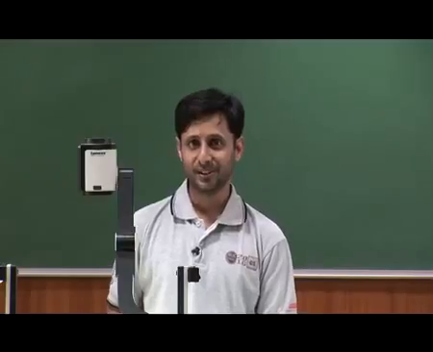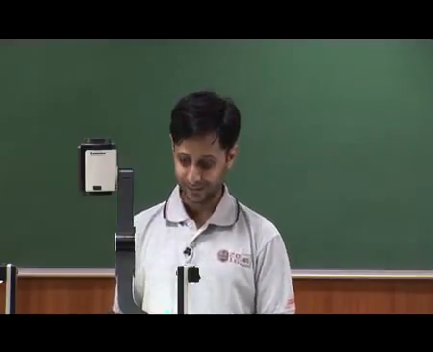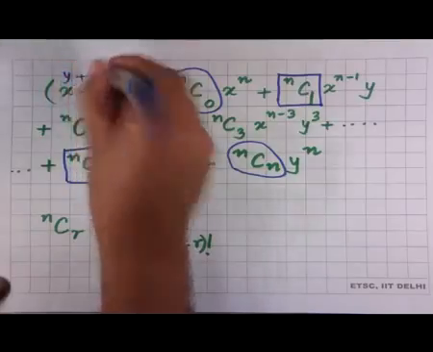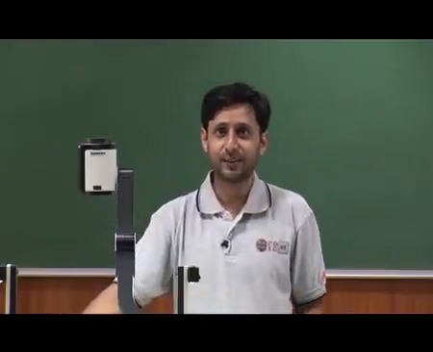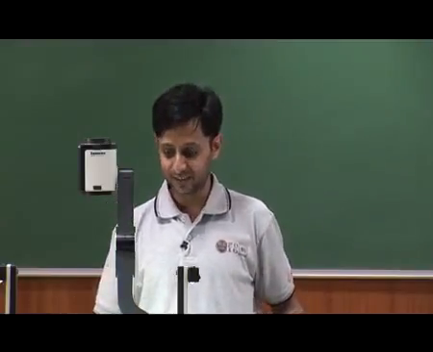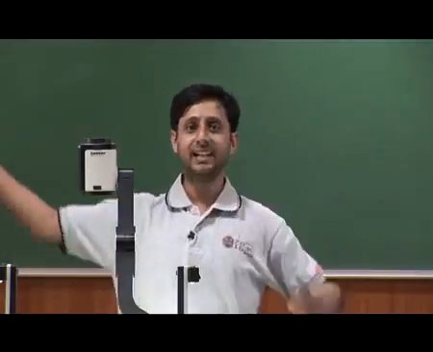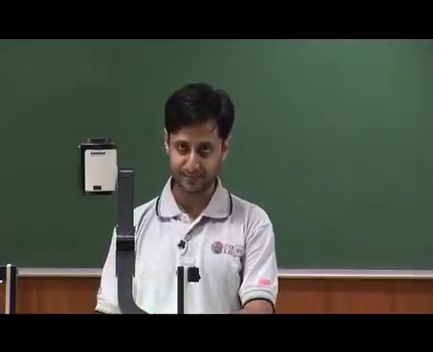In other words, you could have just as well written the whole thing as y plus x whole power n, instead of x plus y whole power n, and all of those terms would have been reversed. So, obviously, the expression has to be symmetric, that is, the coefficients from one side have to be equal to the coefficients from the other side.